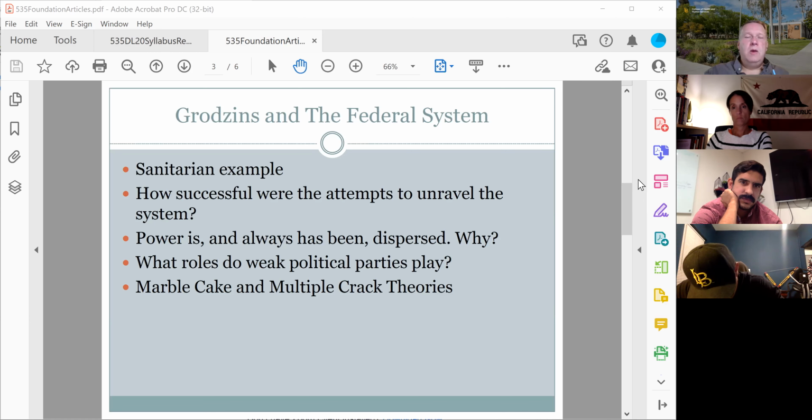Well, why? Well, the primary reason is that power has always been dispersed between levels of government. Power has never been consolidated just at the national level or consolidated just at the state level, but power is dispersed across all these levels of government vertically through our system of American federalism.